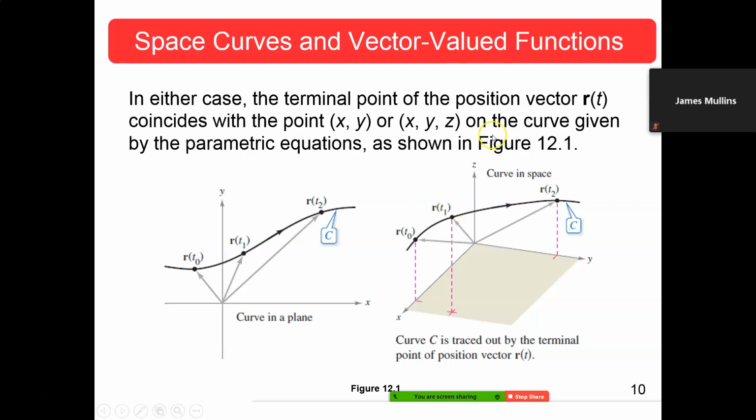And then when t is equal to t2, your x is reduced. It went slightly larger here and then reduced to 0 here. Your y has gotten quite a bit bigger, and your z has probably come down a little bit, maybe even a little less than it was at t0, and there is your space curve C.